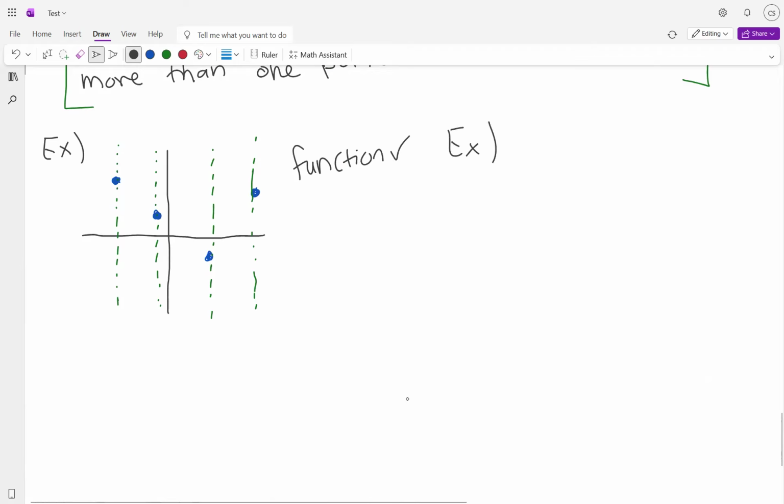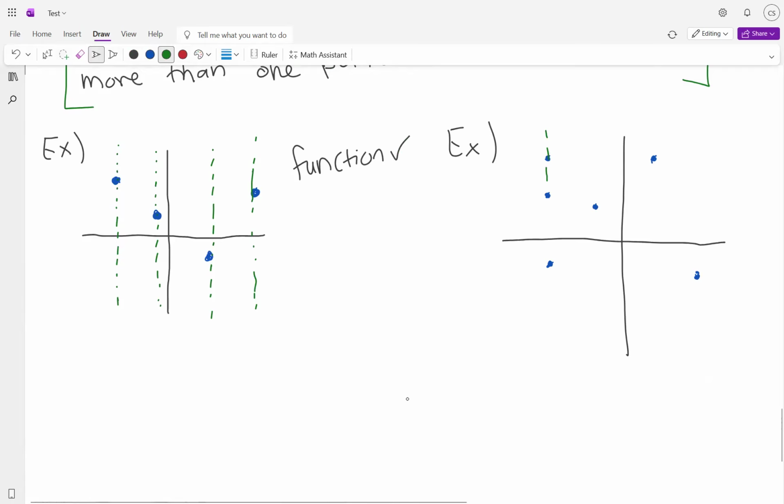Versus if I have a collection of points, come on, draw. There we go. So something like this, and then I tried to draw it as clear as possible.